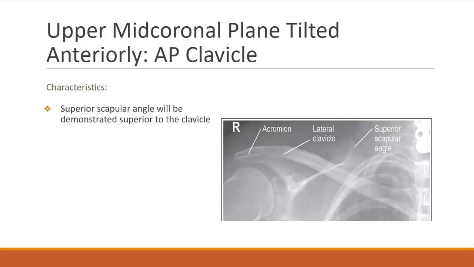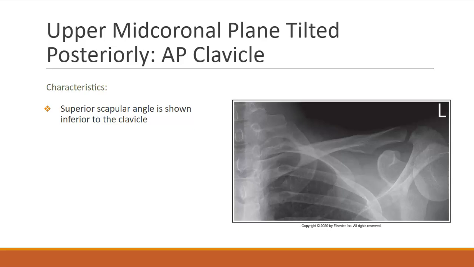When the superior scapular angle is above or superior to the clavicle, you have some anterior tilt. And so this results in some distortion of the anatomic structures. So it's very important to get that mid-coronal plane parallel with the IR.